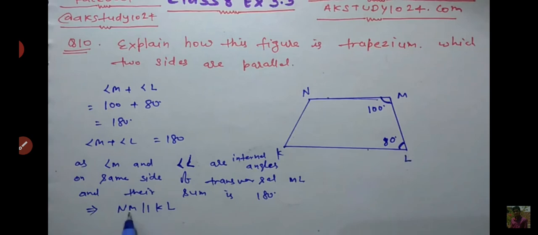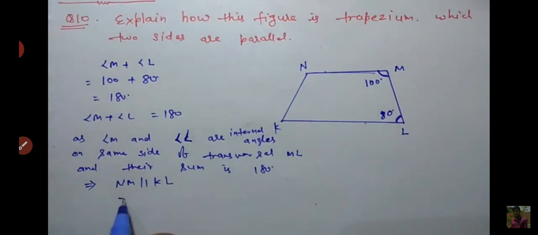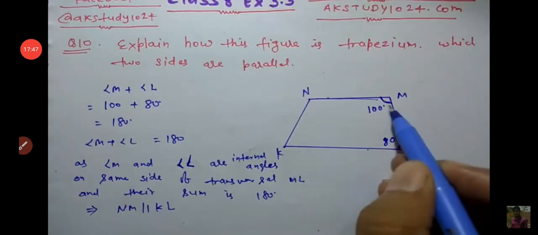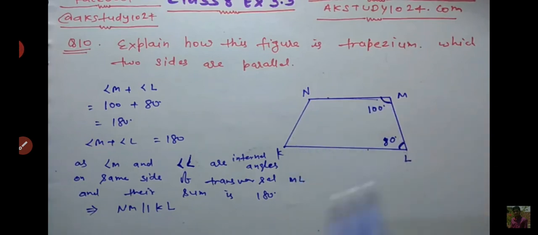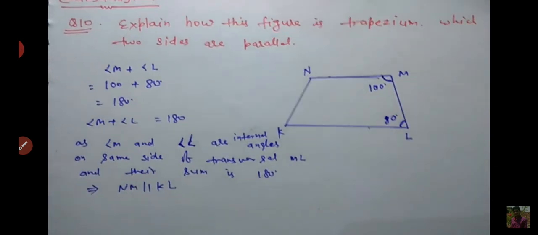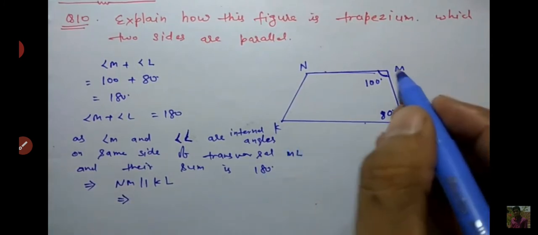So NM is parallel to KL. Understand? Now we have to write that KLMN is a trapezium because in a trapezium one and only one pair of sides is parallel to each other.